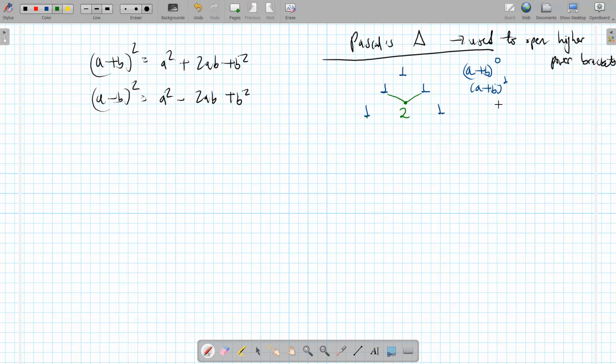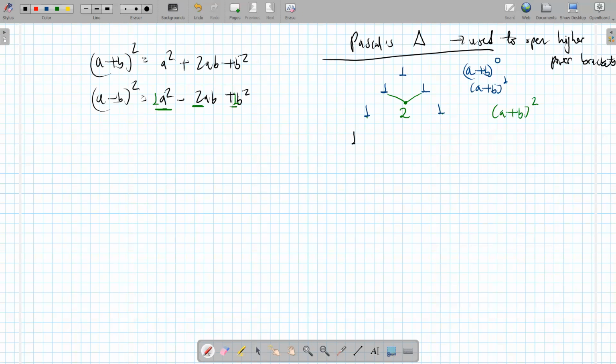What does this imply? This implies a plus b squared. So for the first term, you have 1a squared. That's the coefficient. For the middle term, you have 2ab. That's the coefficient. For the last term, you have 1b squared. That's the coefficient. So Pascal's triangle gives you the coefficients and also gives you how many terms there are going to be. Let's keep building this.